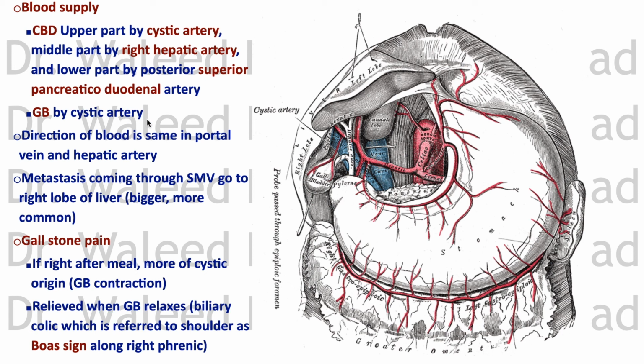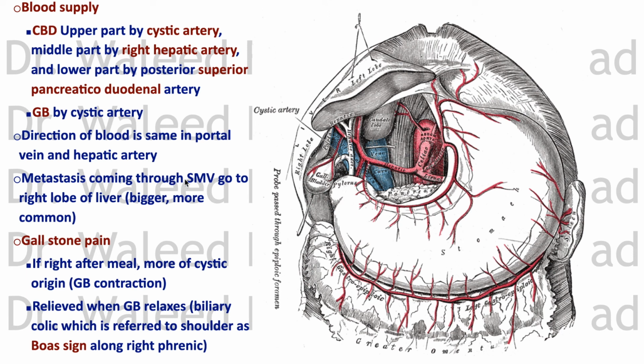Okay, now one thing worthy of mentioning here, that metastasis coming through the superior mesenteric vein go to the right lobe of the liver. Actually, the blood streams from the superior mesenteric vein and the splenic vein, because they are different in content, rather run in their own stream in the portal vein. They get mixed, yes, but not right away.